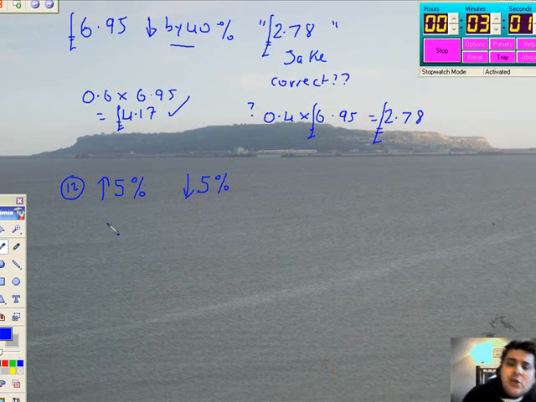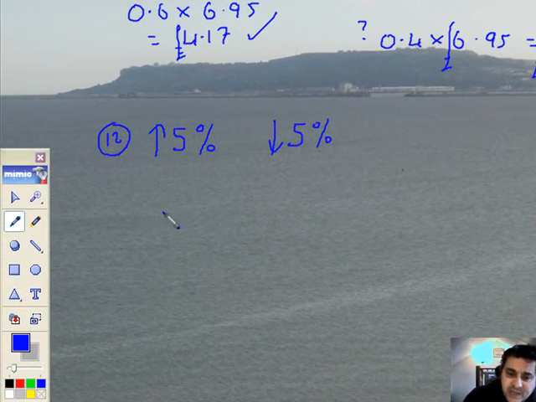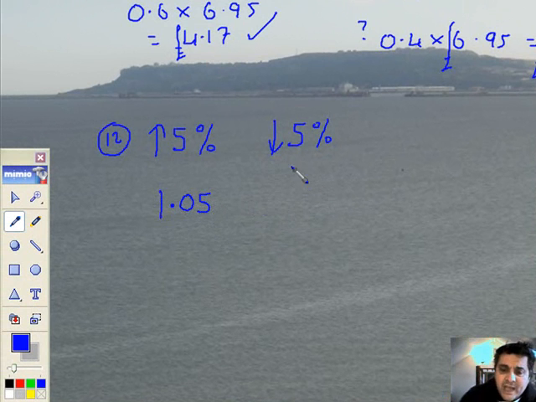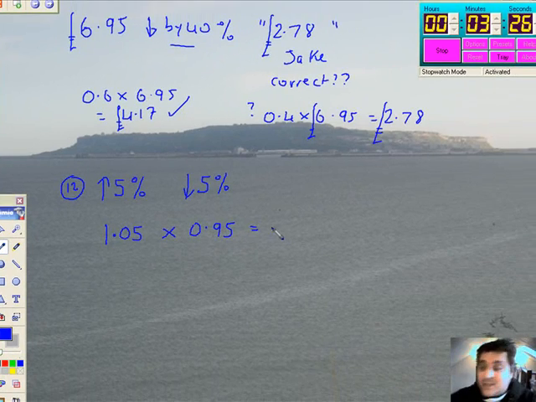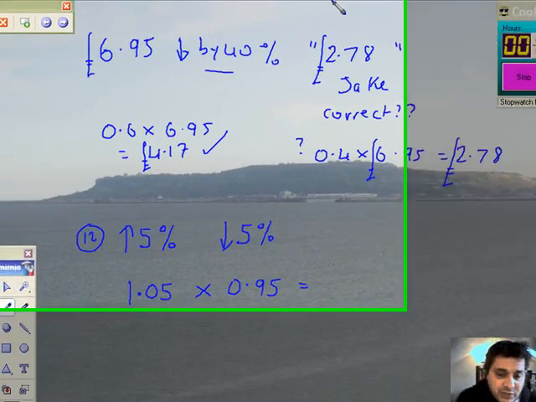Now, if I'm going to increase something by 5%, I need to multiply by 1.05. Alright? If I'm then going to decrease it by 5%, I now come and multiply by 0.95. Now, according to Sunita, it goes back to the old price, so when I multiply 1.05 with 0.95, I should get exactly 1. That is to say, 100% of the original price.